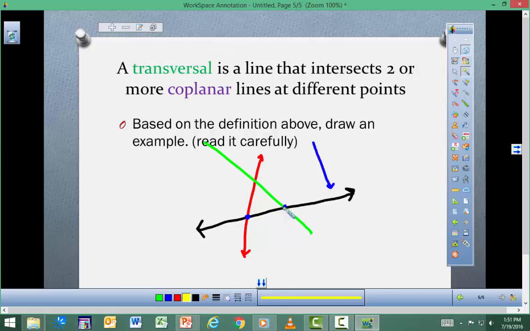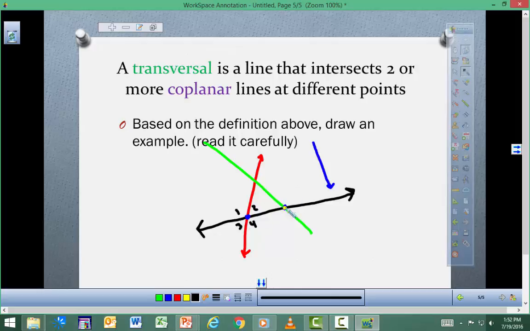Now, here's the deal. Every time you create a transversal, there's going to be a group of angles. There's a group of angles associated with this intersection, and there's a group of angles associated with this intersection point. Like, for example, we have 1, 2, 3, 4. There are 4 angles surrounding this intersection point.